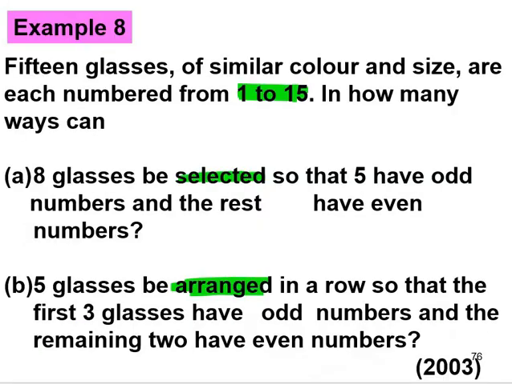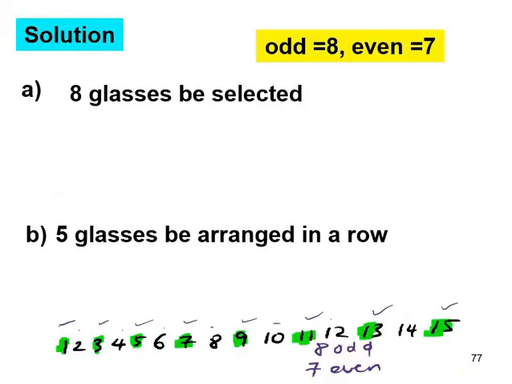The question states that 8 glasses are to be selected, where 5 have odd numbers and the rest have even numbers. So we have 8 odd numbers, and we are going to choose 5. From the even numbers we just need 3 glasses. So the answer will be 1960.